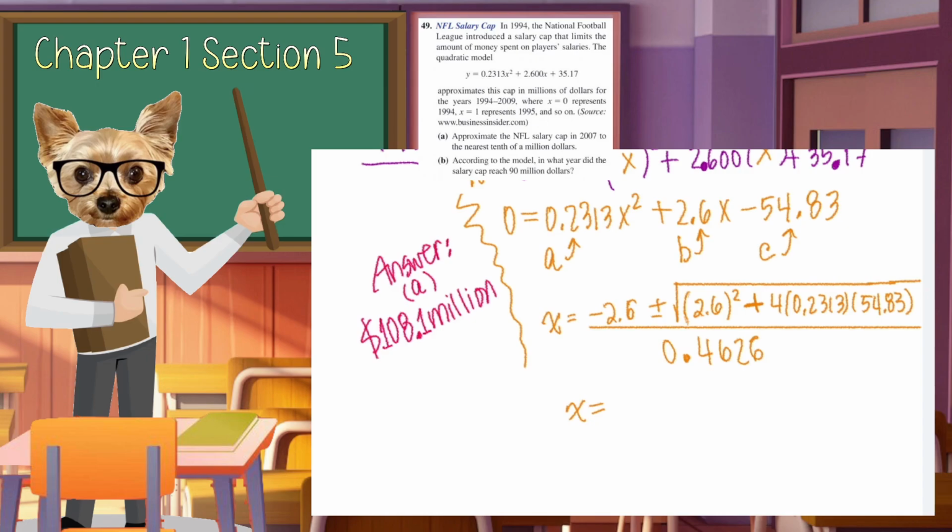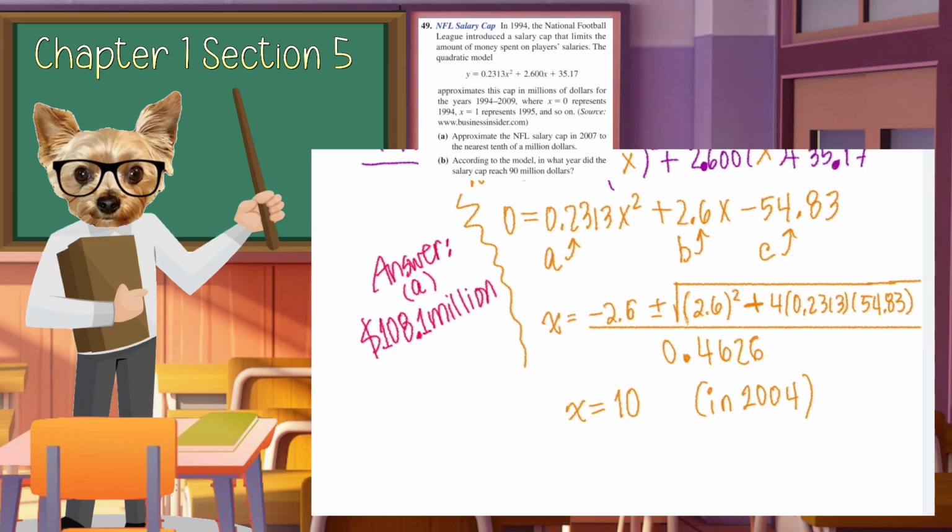X equals 10 in 2004, and T equals 0 is 1994.